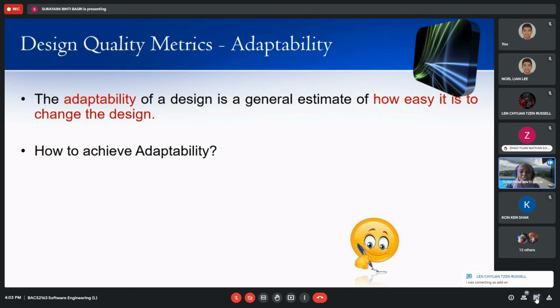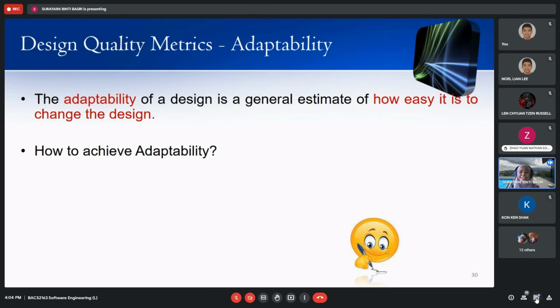Okay. So design should be consistent, yes. I can agree with Russell. Okay, so Kelvin actually answered the same as Miss Norshikin, which is actually low coupling. Miss Norshikin is also referring to low coupling. Okay, so no more answers.